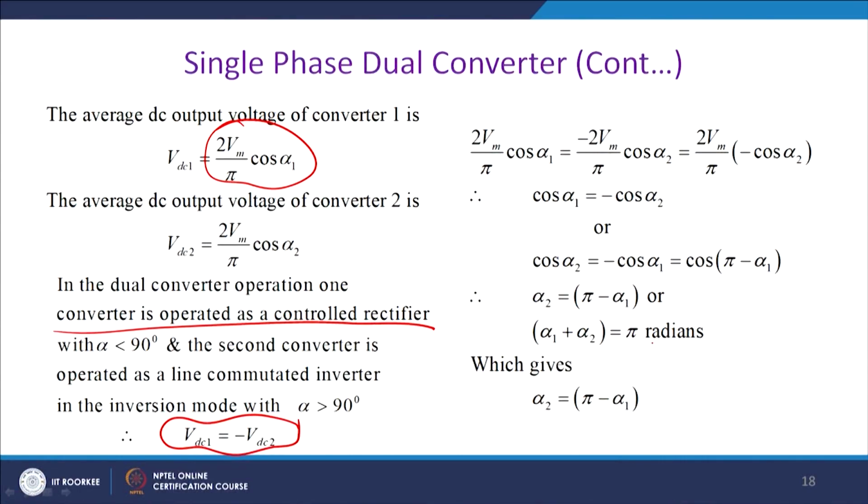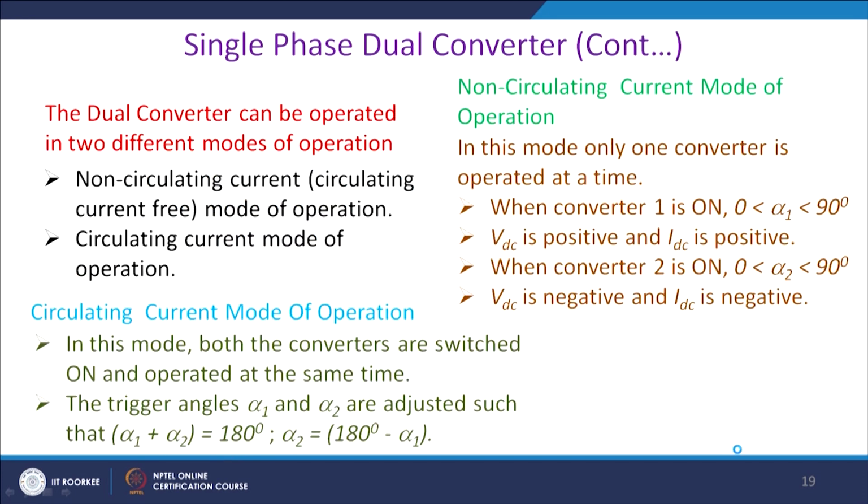So, VDC1 should be equal to minus VDC2. If you equate these two equations, ultimately you find that alpha 2 equals pi minus alpha 1. So, this is the constraint: alpha 1 plus alpha 2 should be equal to pi. For this reason this mode of operation is continued.